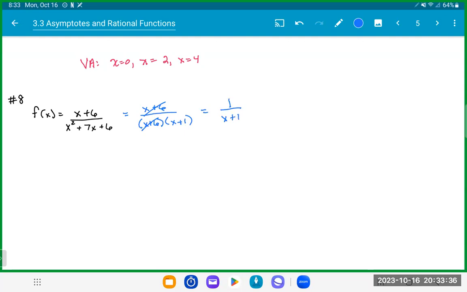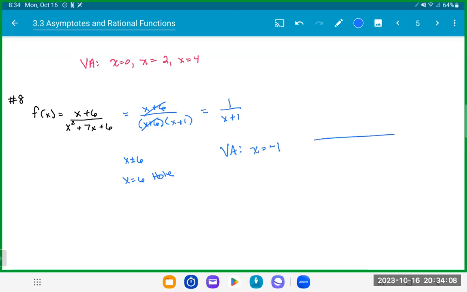Okay, so x still cannot equal 6 because it will make my denominator equal to 0. But unlike a vertical asymptote, at x equals 6 there is a hole in the graph versus a vertical asymptote. So my vertical asymptote is only going to occur when x is equal to -1.